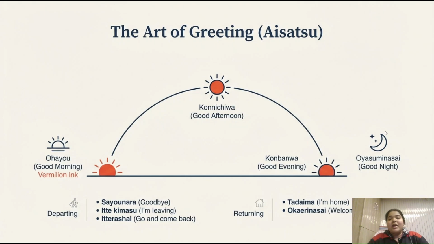And obviously, when you have a host, your mother or your father or your siblings at home, they're going to say okaerinasai. This is said by the host or the members of the family. So just remember what you have to say when you're leaving your home or coming back, or what your parents or siblings have to say. Now we know that, right?